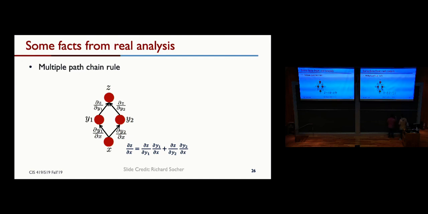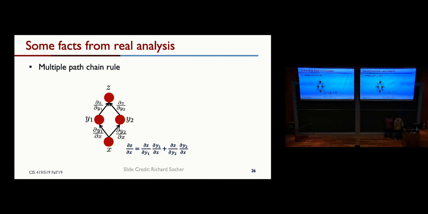So suppose y1 is x1 squared and y2 is x2 cubed. What is the derivative of z with respect to x1? 1 times 2x1, right? And the gradient of z with respect to x2? 3x2 squared, right?